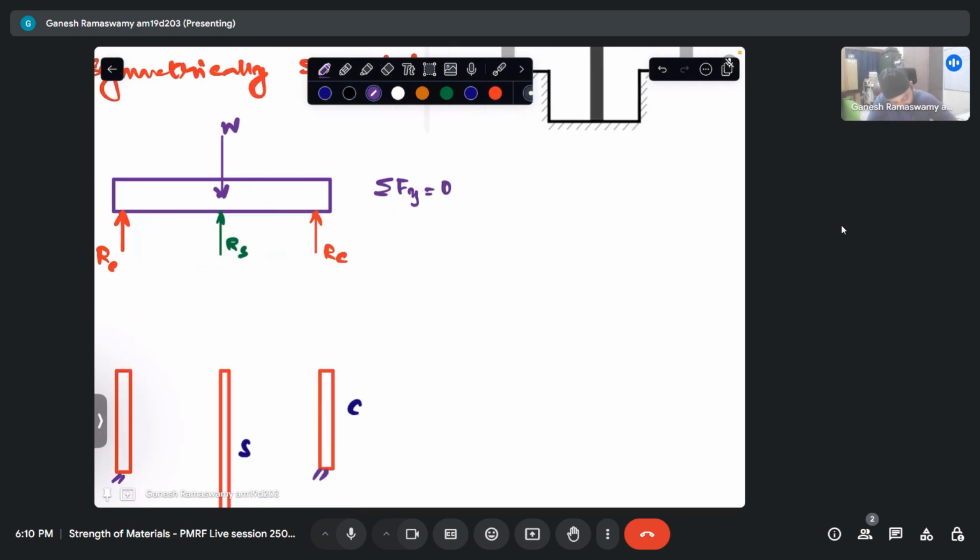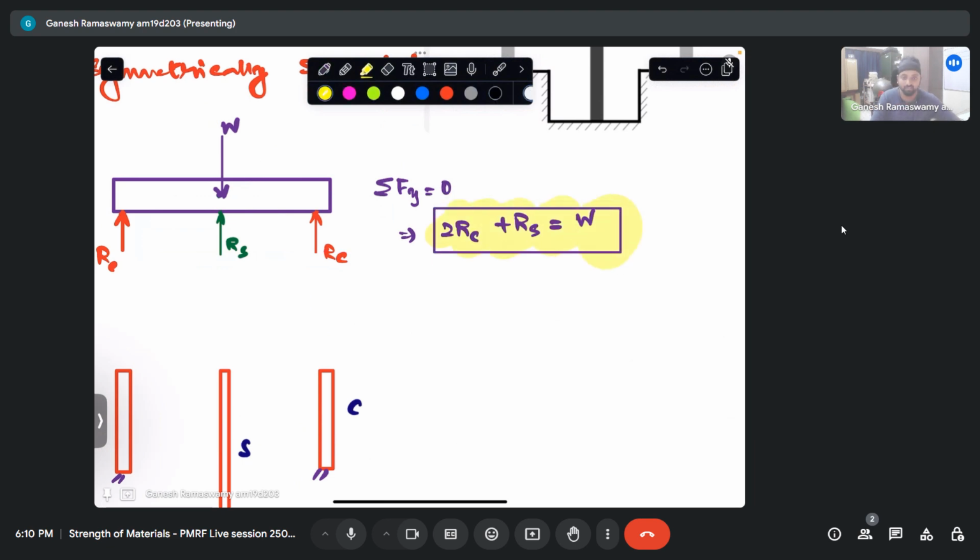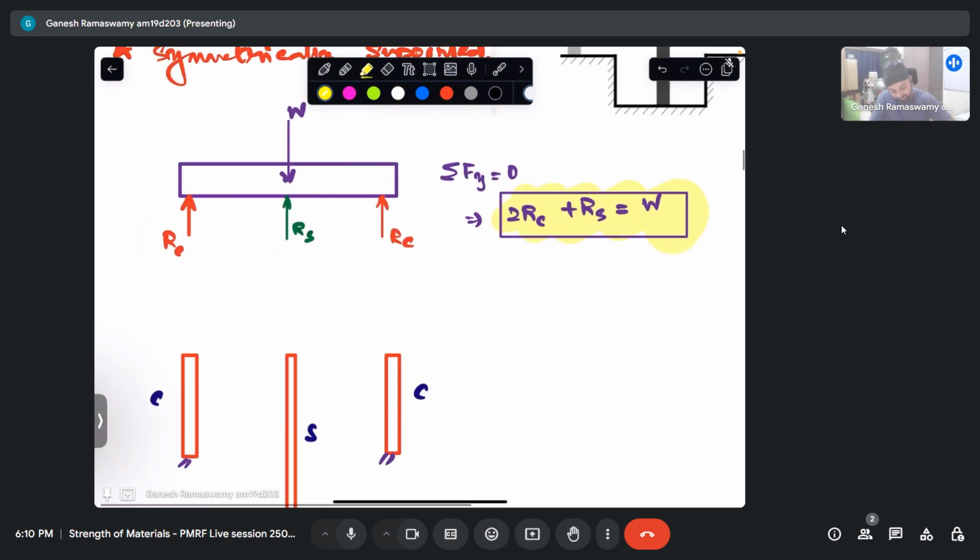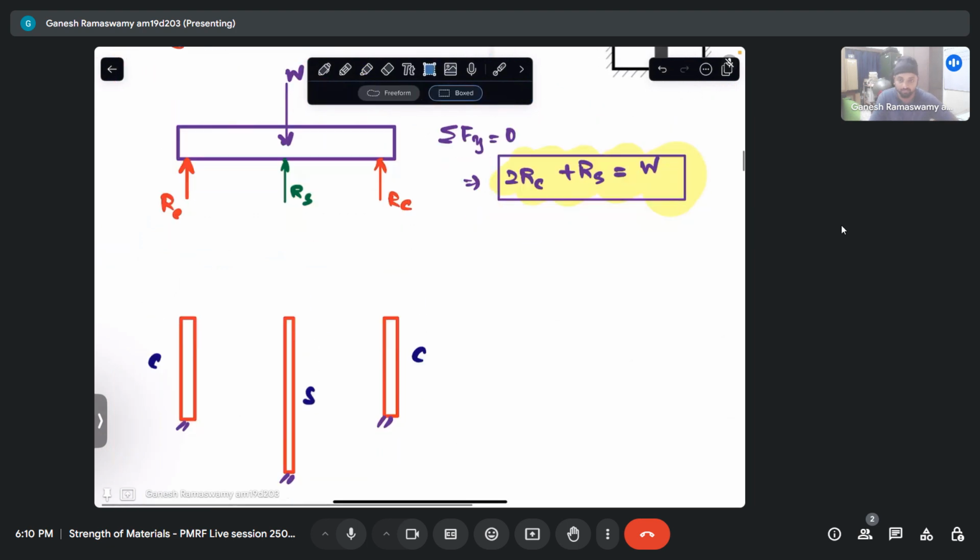So what does this give me? This gives me a condition 2Rc plus Rs is actually equal to W. So I have got one condition like that.